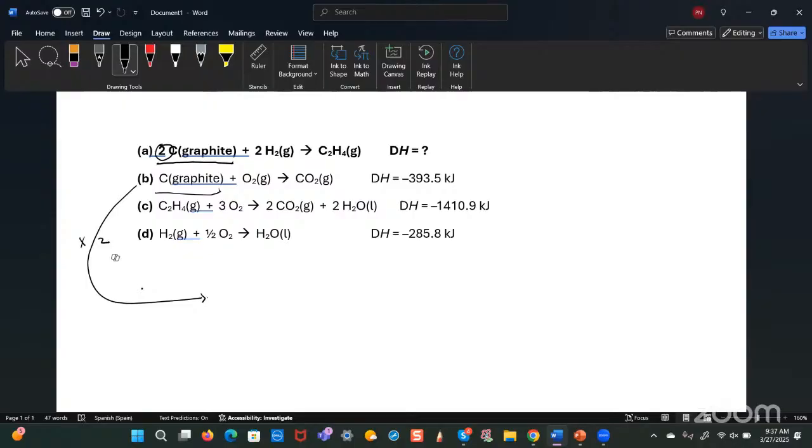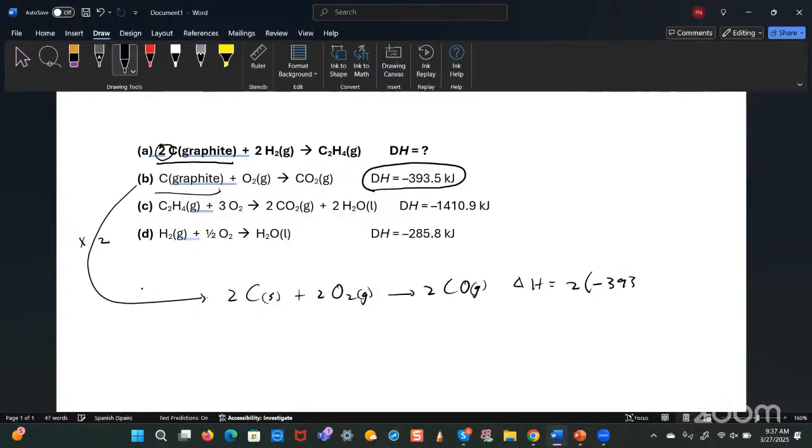When I do that, I end up with 2 carbon solid plus 2 O2 gas to give 2 CO gas. And the delta H for this new equation would be 2 times minus 393.5 kilojoules.